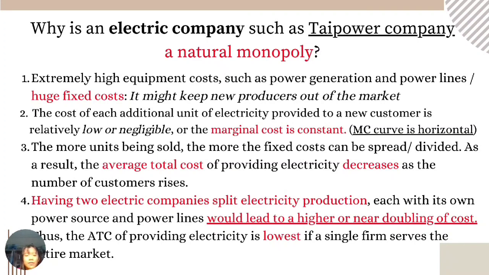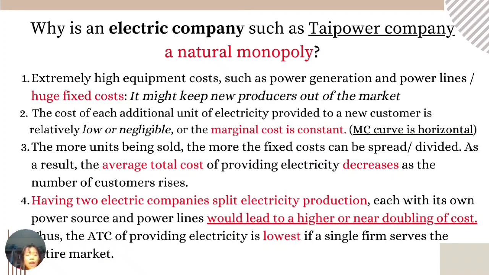So if the number of customers rises, the fixed costs can be divided more, and it causes the average total cost to decrease as the quantity rises.